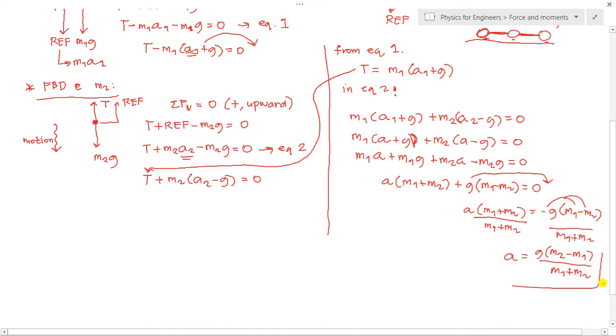Actually, class, by just looking at the formula, since mass 2 is bigger than mass 1, the answer is a positive number. That's why we have a positive acceleration. If mass 1 is bigger than mass 2, we have negative acceleration. So what do we mean by negative acceleration? That is opposite to our assumed motion.